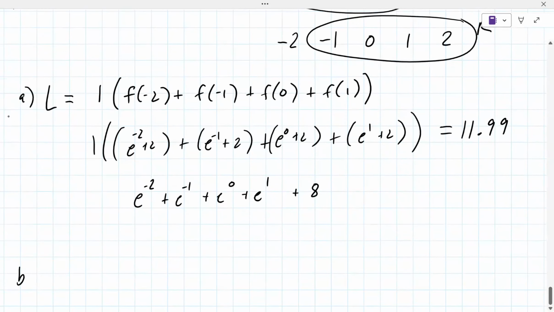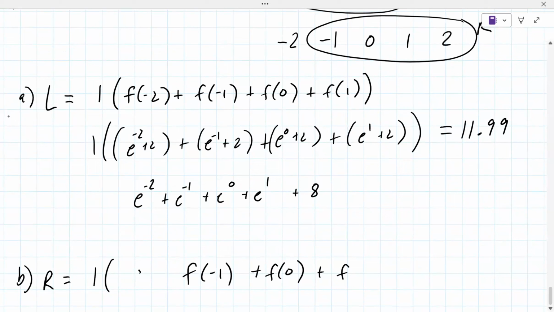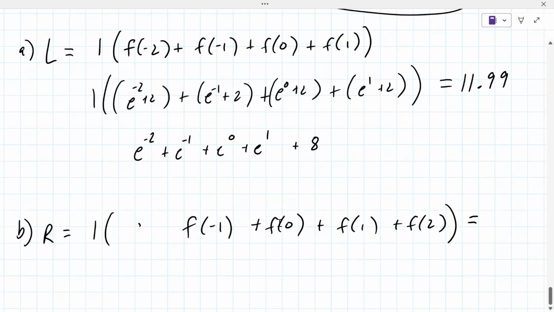All right, so for the right endpoints here, we'll make sure we finish. It's the same idea, but it's f of negative 1 plus f of 0 plus f of 1 plus f of 2. And it's very similar.